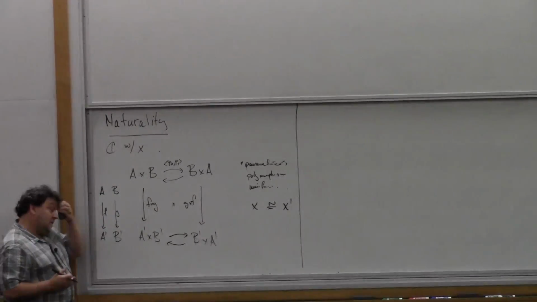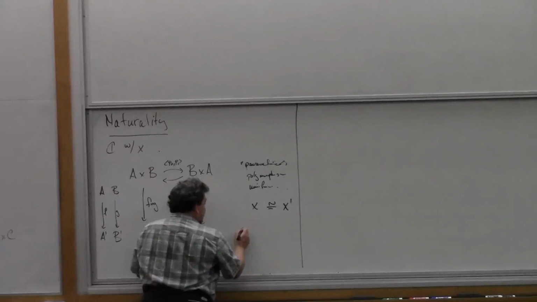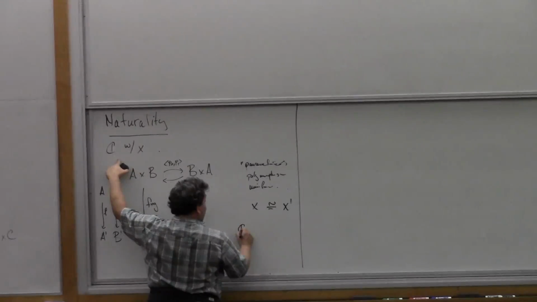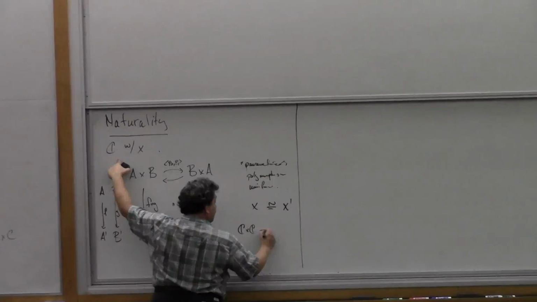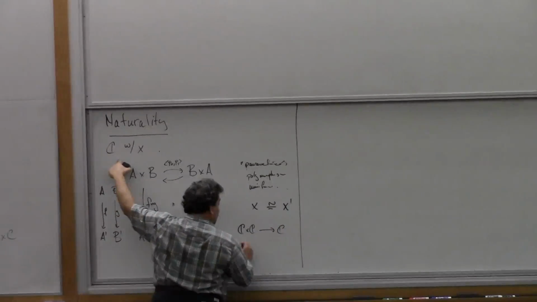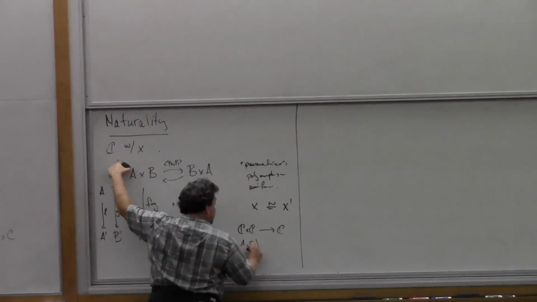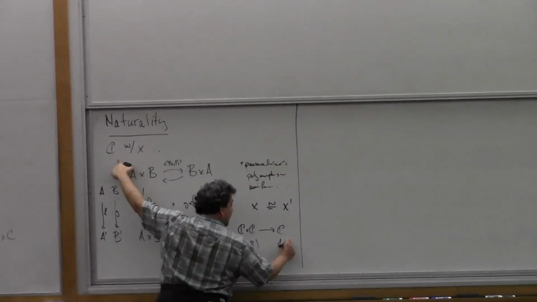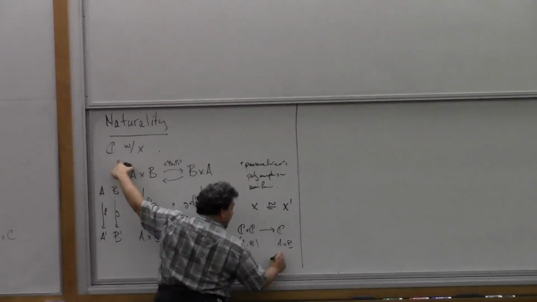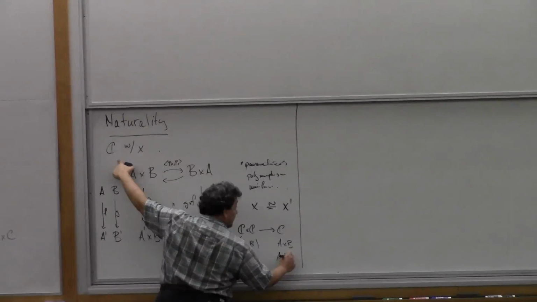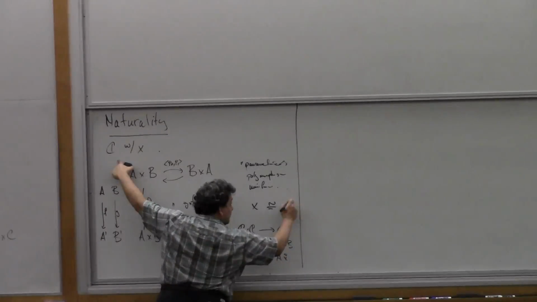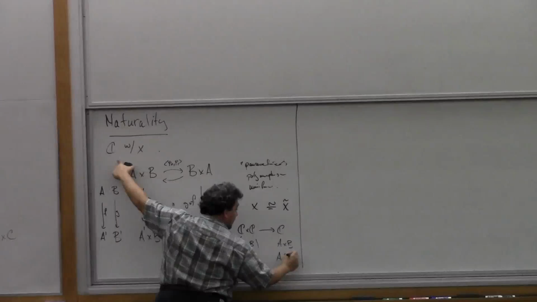So where do these functors go? Well, they go from our category here, C crossed itself, down to C. It takes two arguments, A and B, and it returns, on the one hand, A cross B, and on the other hand, this twisted thing, which is by definition B cross A.